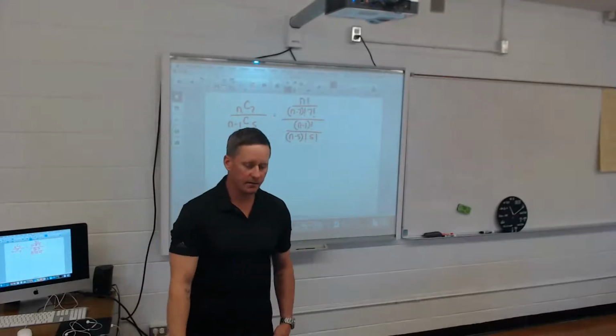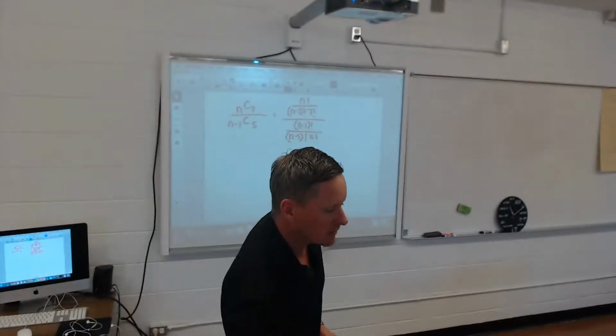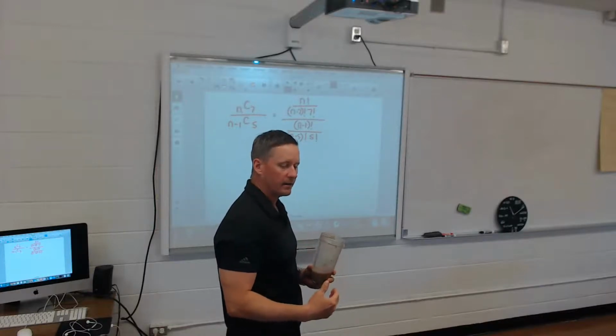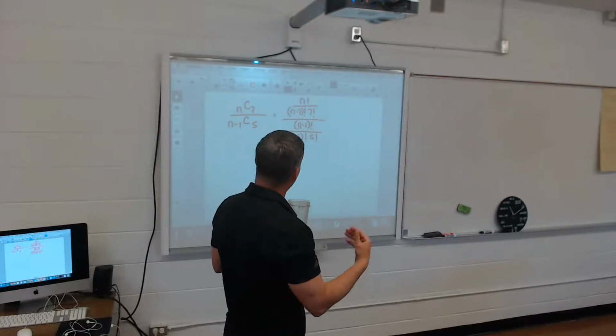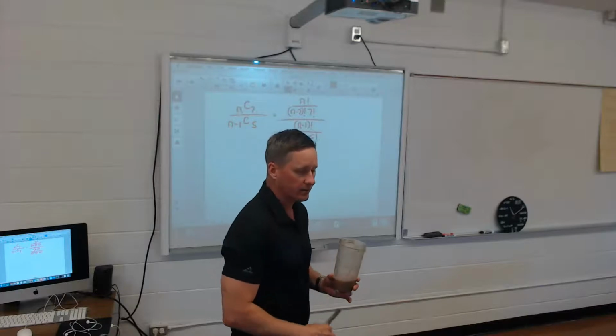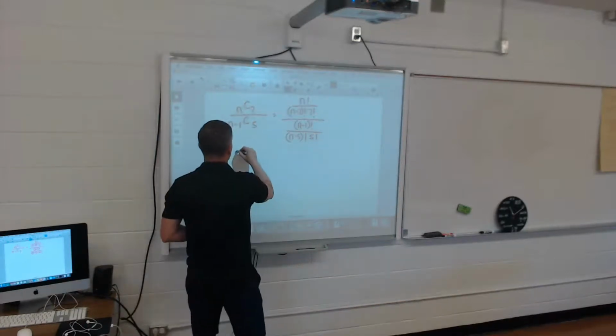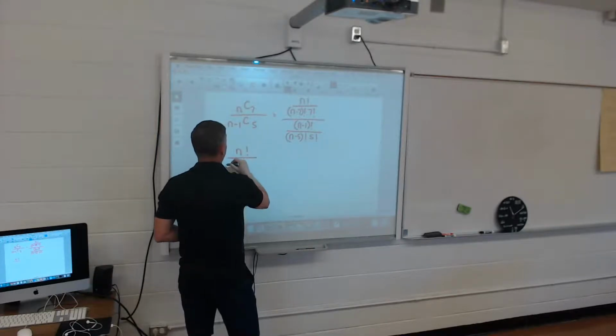So right now the setup looks relatively complicated. We are dividing a fraction by a fraction, which means I have to multiply by the reciprocal of the second fraction. So when I do it this way, this will clean it up a little bit.